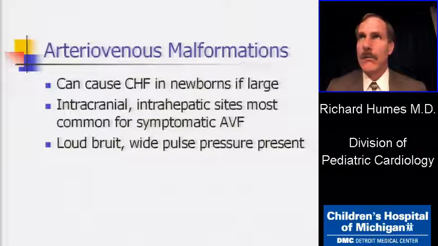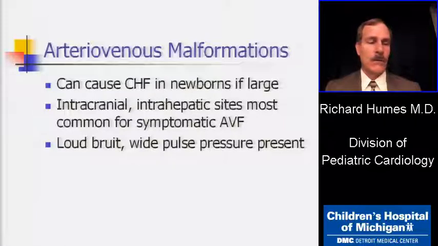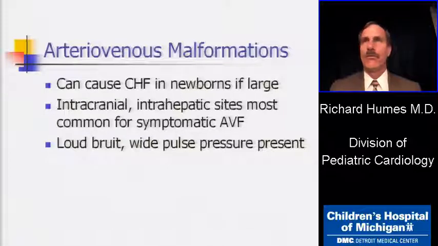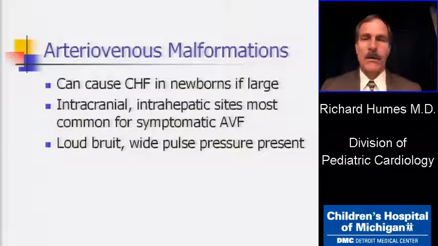Intracranial AVMs, such as vein of Galen aneurysm, and intrahepatic sites are the most common for symptomatic AVMs in children. Here's an area where a stethoscope can be helpful. A loud bruit will often be heard over the site of the AVM, and the blood pressure may show you a very wide pulse pressure.